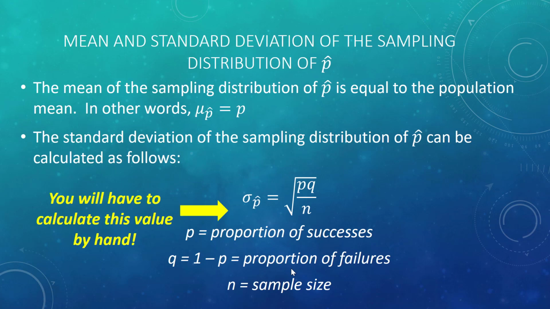Note that you will have to calculate the standard deviation by hand, even if you follow up by putting the mean p and the standard deviation, sigma sub p hat, into StatCrunch, into the normal calculator.